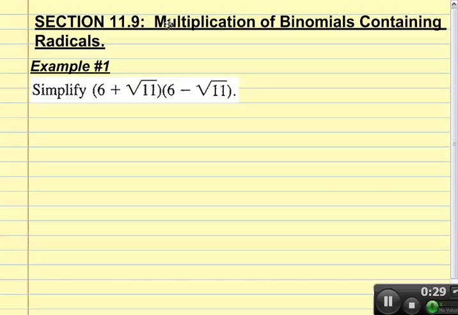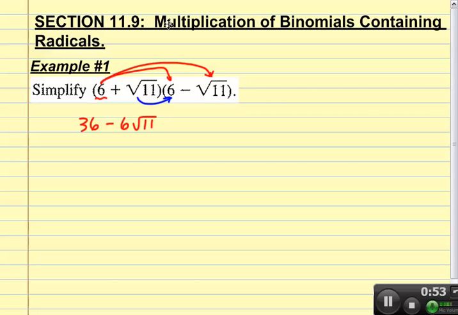So going from left to right, I'm going to take this first term and multiply it by 6. All right, so 6 times 6 gives me 36. But remember, it also has to be multiplied by minus root 11. So that's going to give me negative 6 root 11. Then I'm going to multiply positive square root 11 times 6.